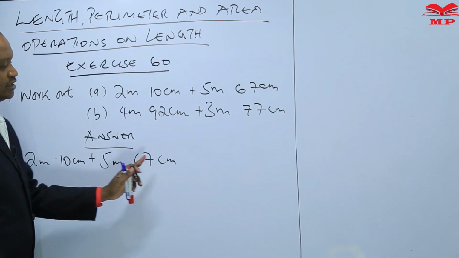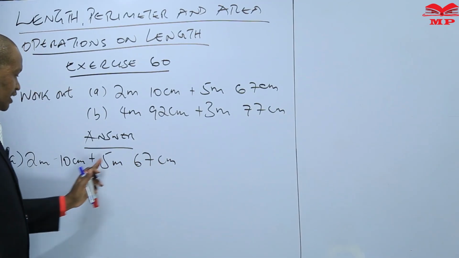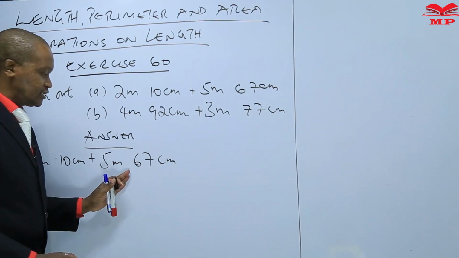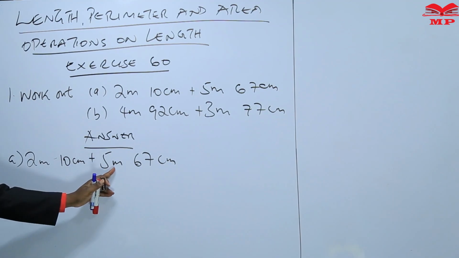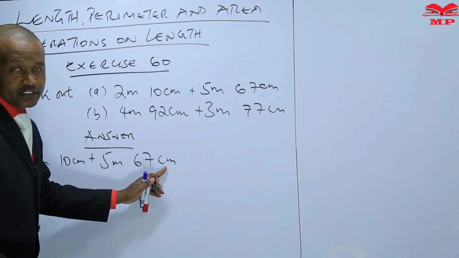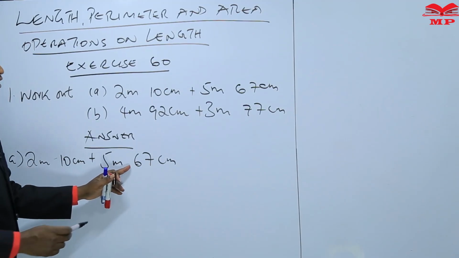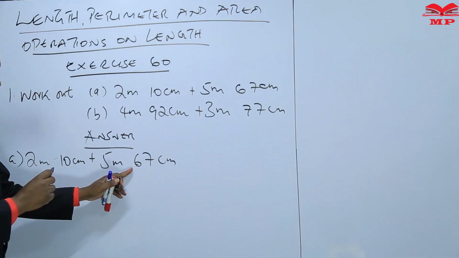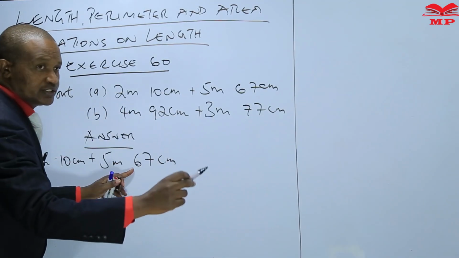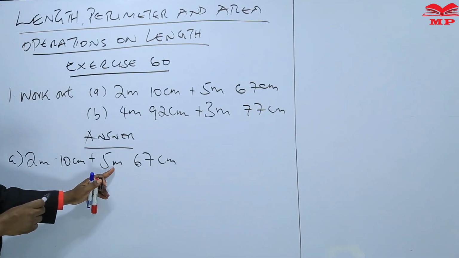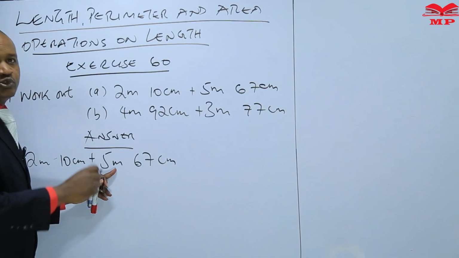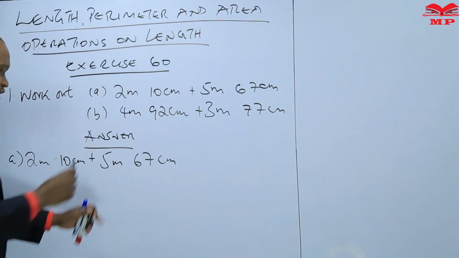So before we add these two, first we are going to convert the meters into centimeters. We are going to convert the bigger units to the smaller units. The bigger unit here is the meters. So we are going to convert meters to centimeters, then we add.